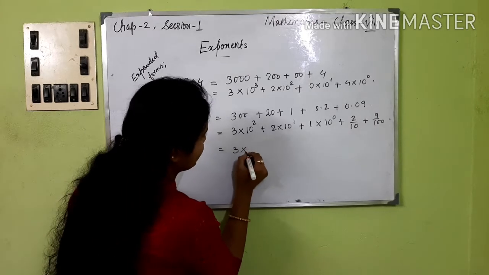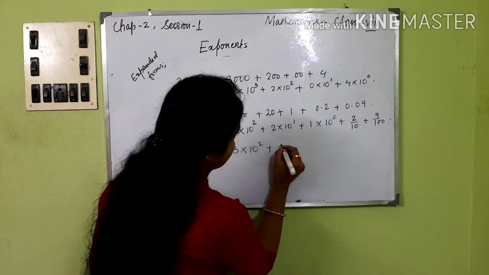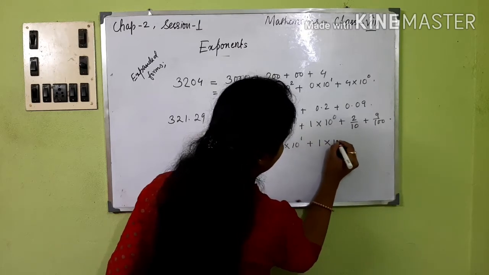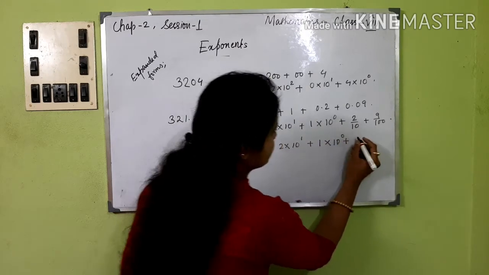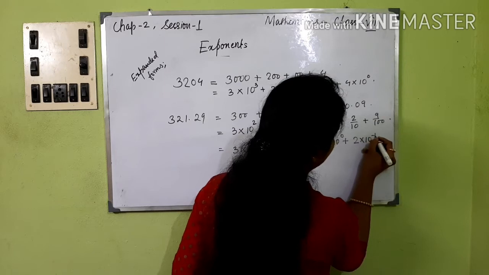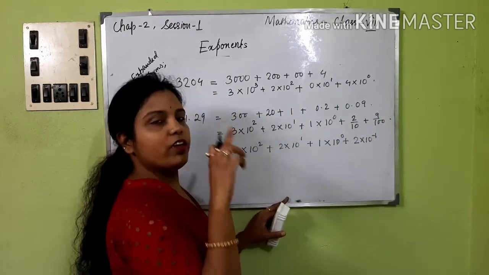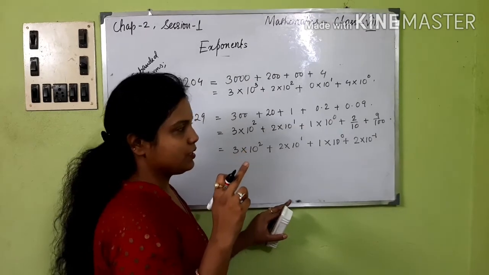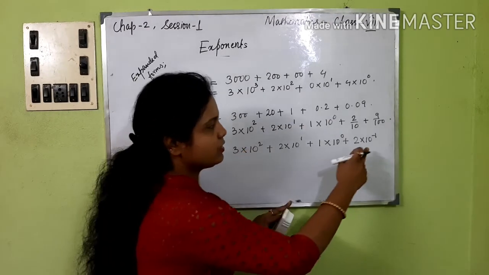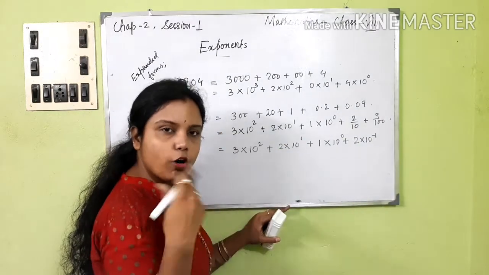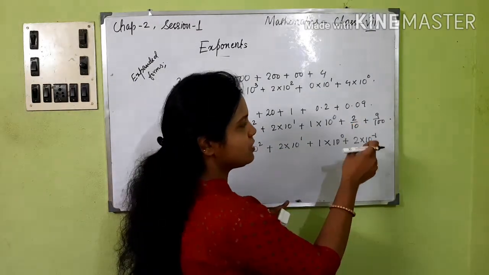Now, to make it more suggestive, plus 2 into 10 to the power 1 plus 1 into 10 to the power 0 plus this you can write 2 into 10 to the power minus 1, right? Because it is here 10 to the power 1. So when we are bringing that in the upper, that is in the numerator part, that is taking the reciprocal, the power will get the opposite sign, because here down it was positive.